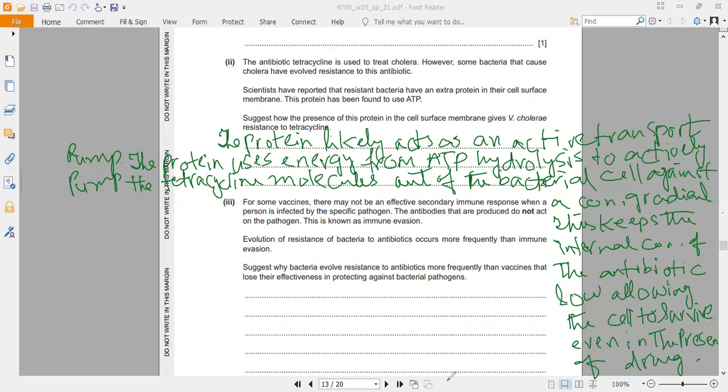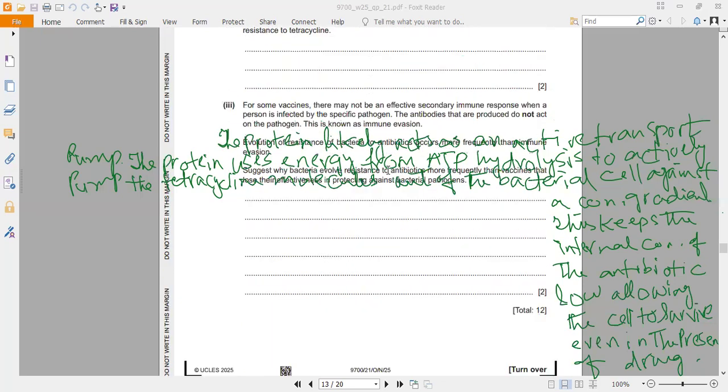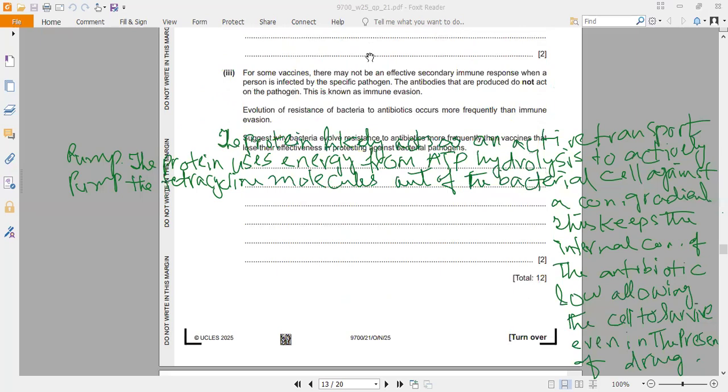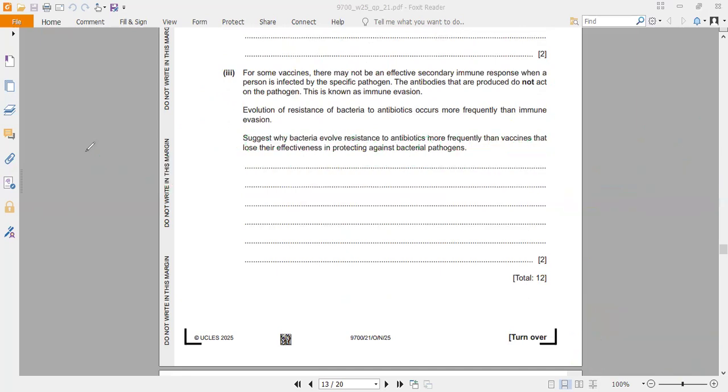So, next question. For some vaccines, there may not be an effective secondary immune response when a person is infected by the specific pathogen. The antibodies that are produced do not act on the pathogen. This is known as immune evasion.